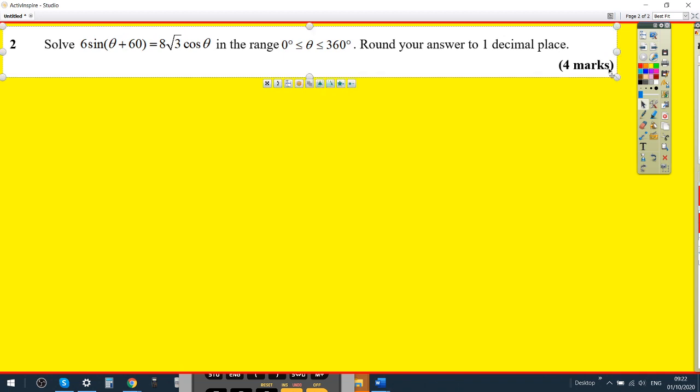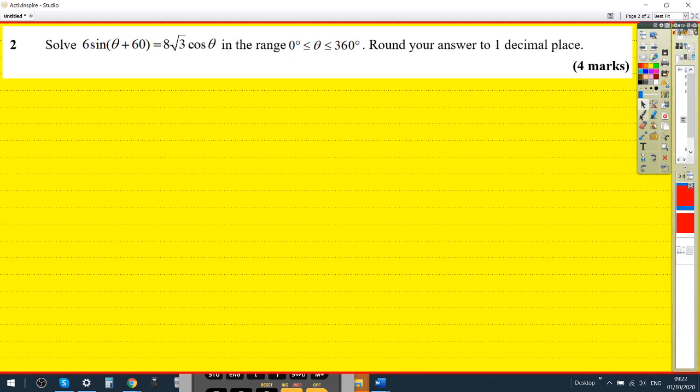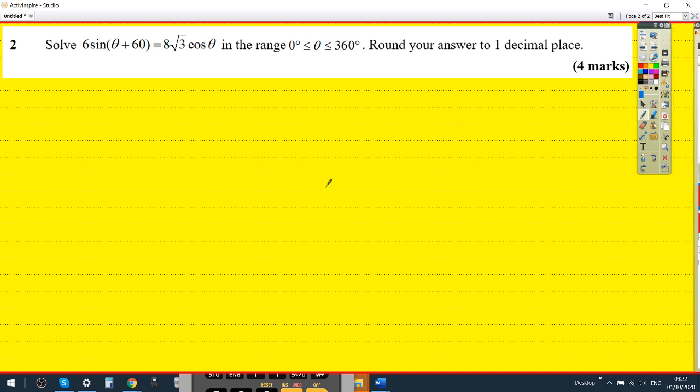I think, is that called the double angle formula, the one on the left? Yeah. If I know what the double angle formula is for that, which I forgot now. It's given to you on the formula sheet. It'll say sine A plus B is sine A cos B plus cos A sine B. And it will be 6 times both of those sides, won't it?